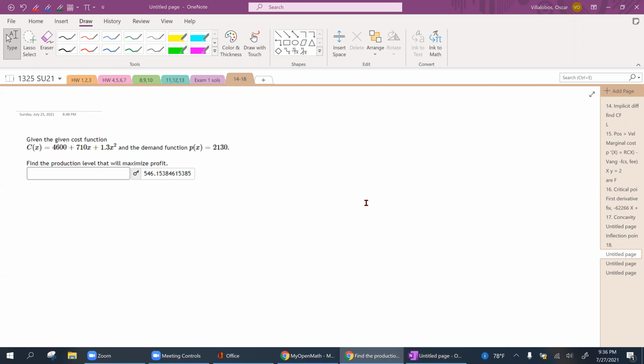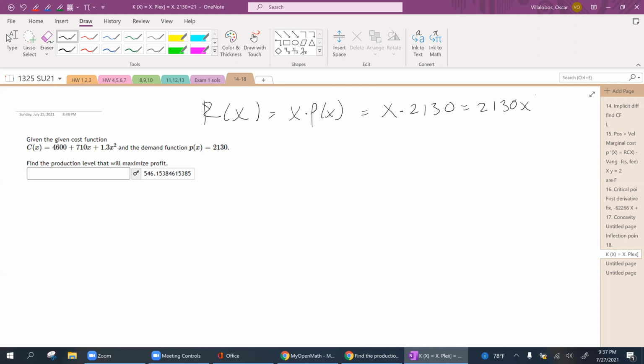So what we need to do here is, one thing that's not given is my revenue function. Remember, our revenue function is x times p, meaning my revenue function here is x times 2130, or 2130x.